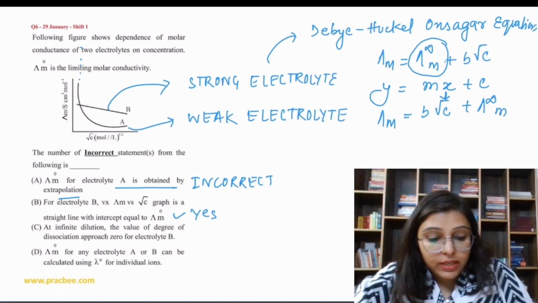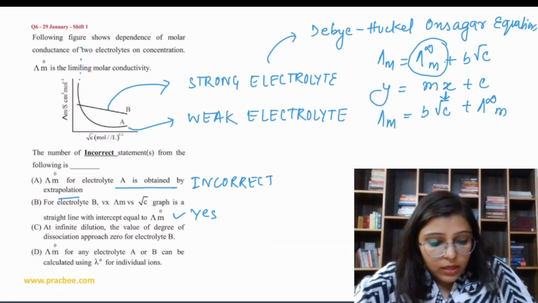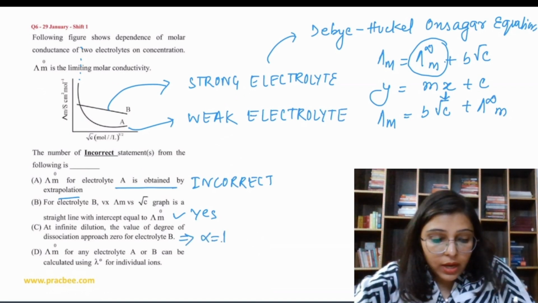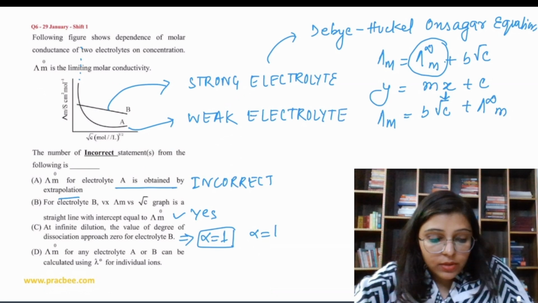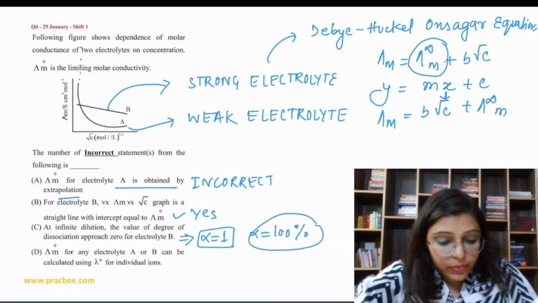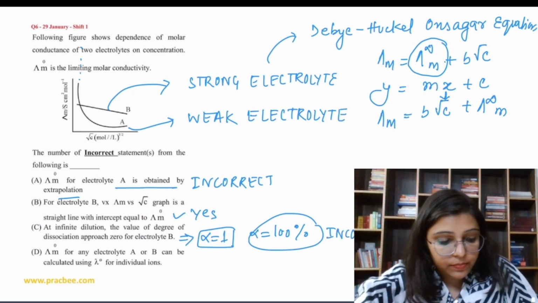Now next, at infinite dilution, the value of degree of dissociation approaches 0 for electrolyte B. No, why 0? On infinite dilution, alpha is 1, or we can say alpha is equal to 100%. So this is incorrect.